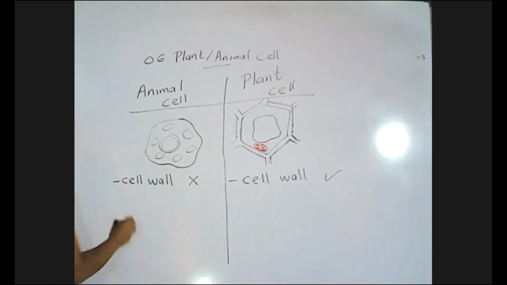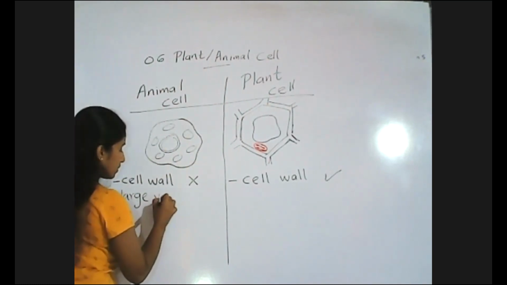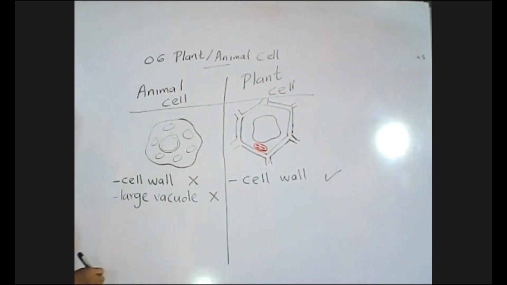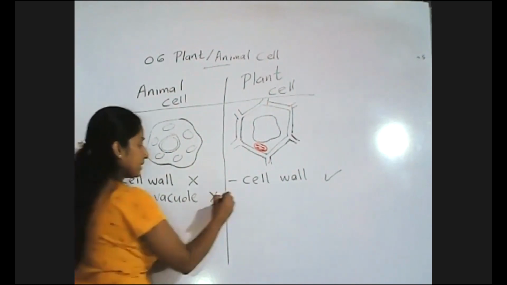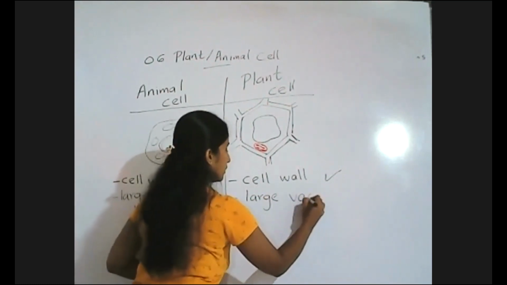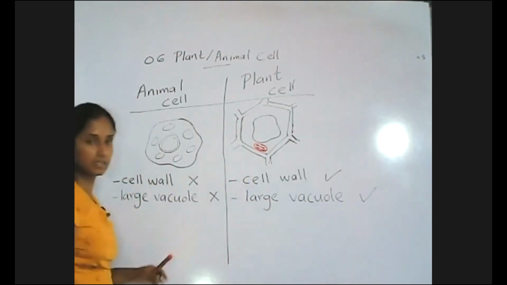In the animal cell, a large vacuole is absent; sometimes we can find small vacuoles, but in the plant cell, a large vacuole in the middle is present.